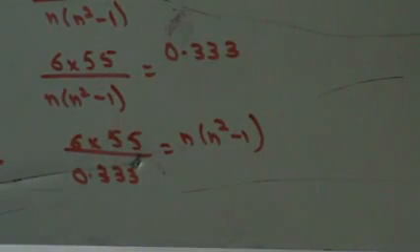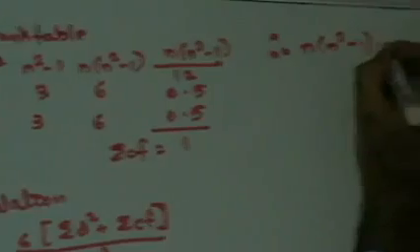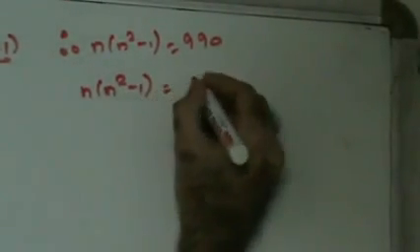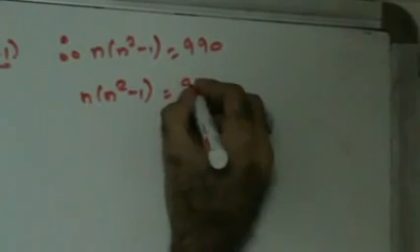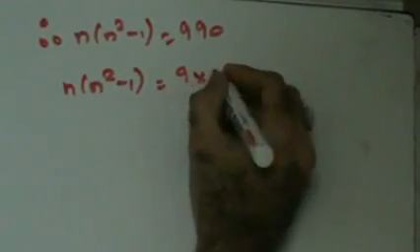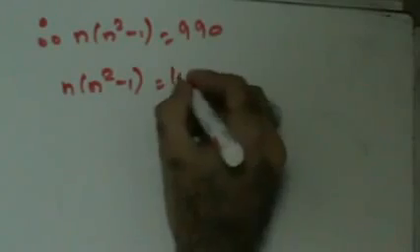When you divide this, you should get 990. Therefore, n into n square minus 1 is 990.